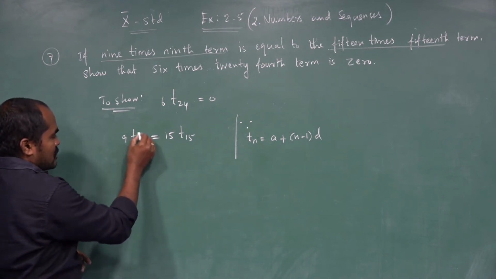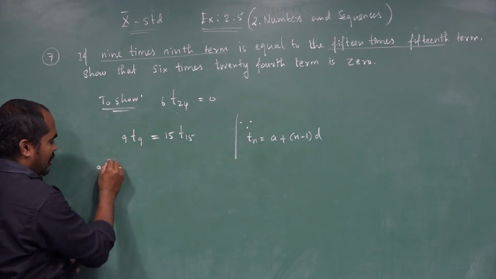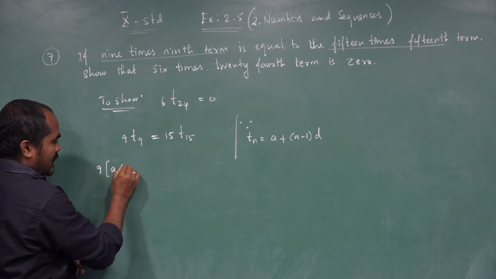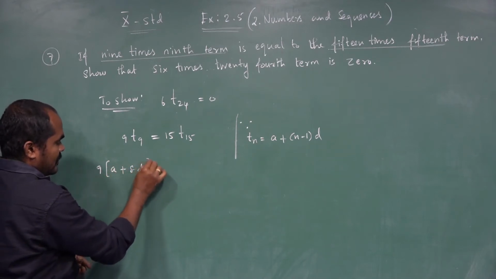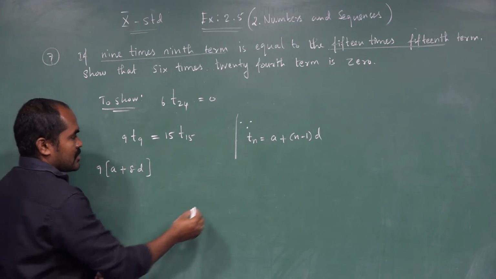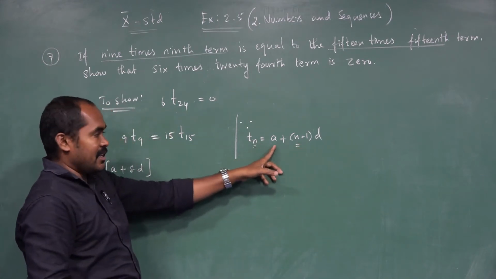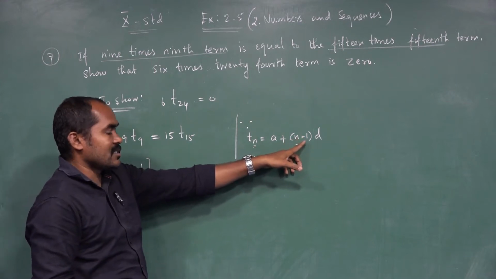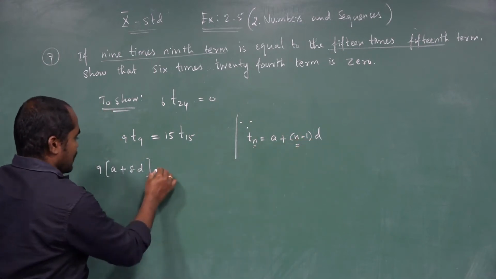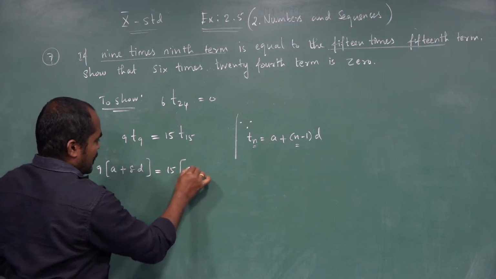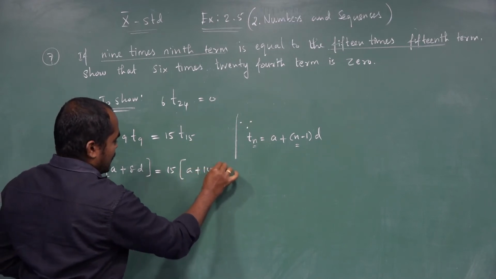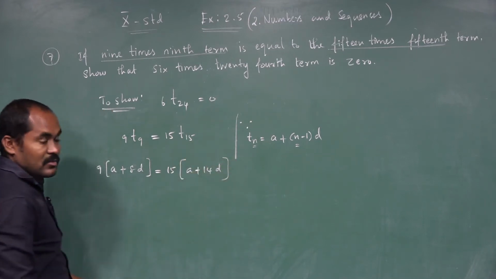So 9 of a plus 8d is equal to 15 of a plus 14d.